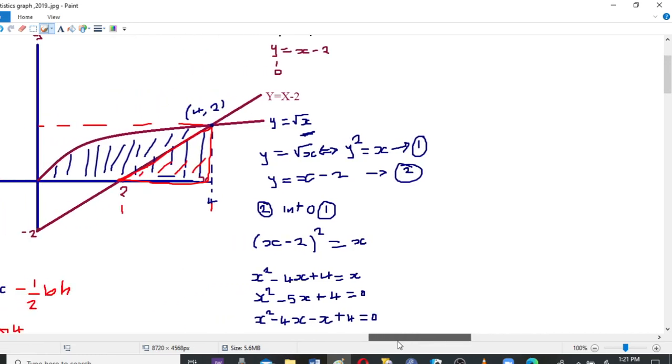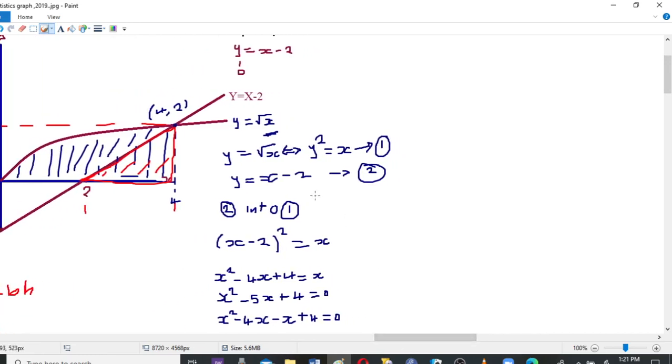That is, we are going to use the vertical strip here. Okay, so we are going to use the vertical strip there.